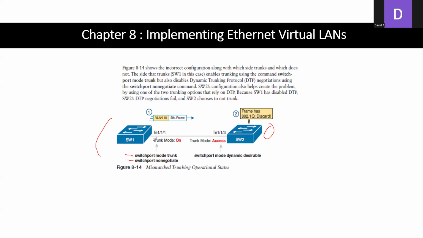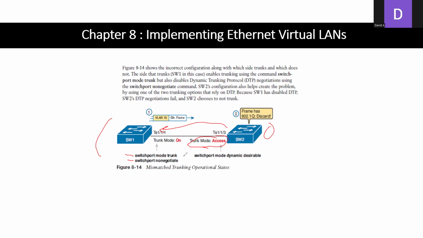I am statically configuring this link to be a trunk, so I won't be able to accept your DTP messages. Switch 2 is sending them over the pipe in milliseconds. Hey, here are my DTP messages, here are my DTP messages. Since they weren't able to negotiate, this is going to default to an access port.